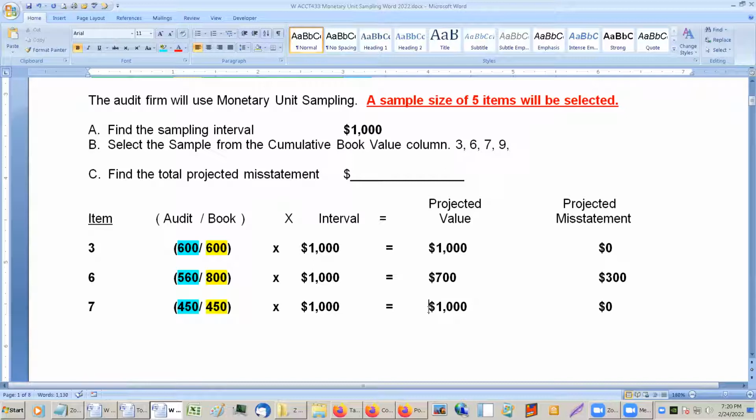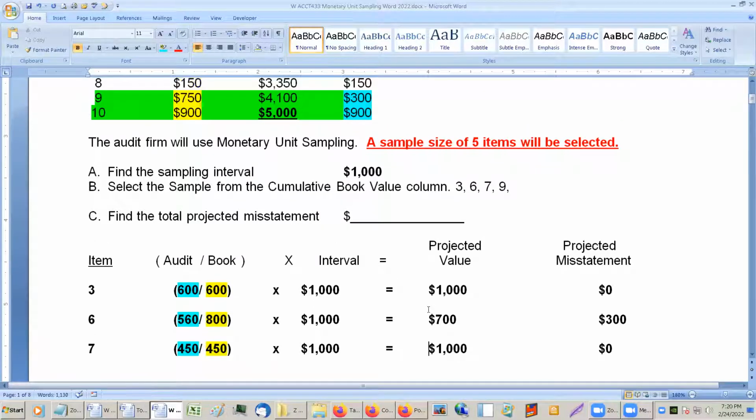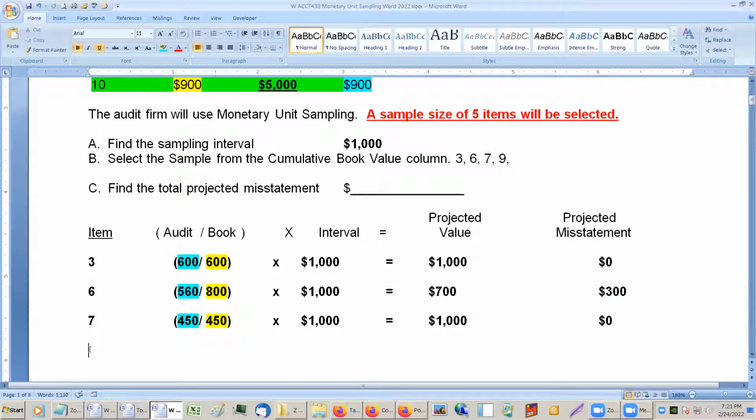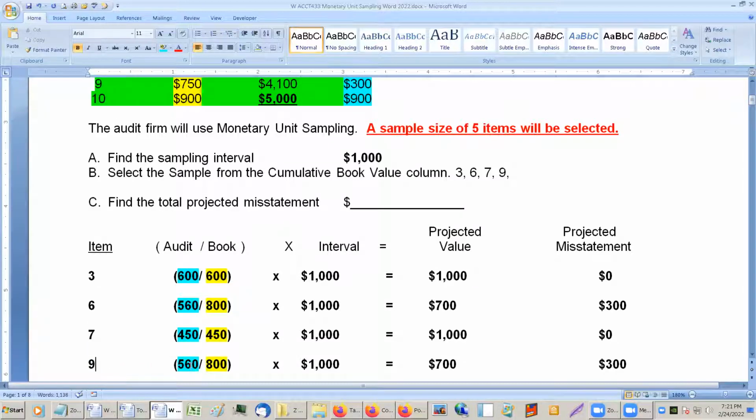It's not going to be any problem with it. Okay, number 9: 300, 750.